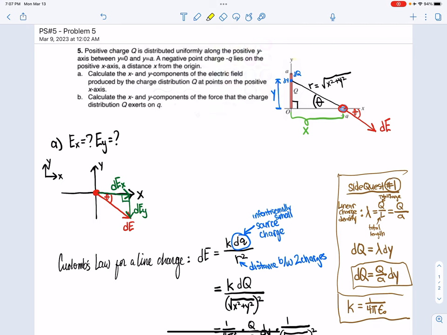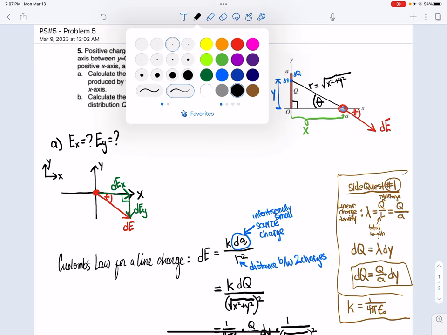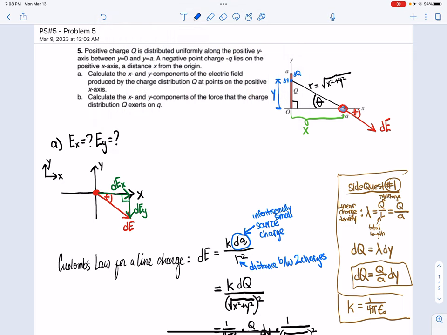Looking at this picture given in the problem, if this is theta, what is the cosine of theta? Again, let's use that SOHCAHTOA that we learned.